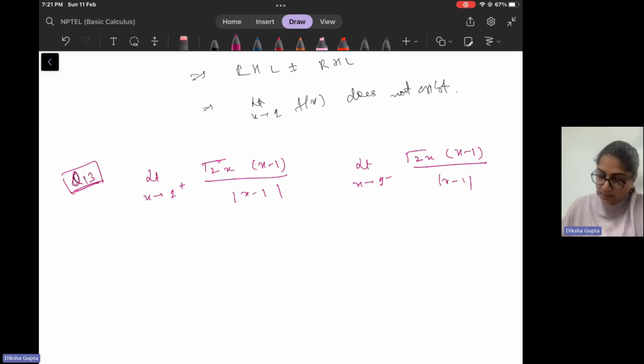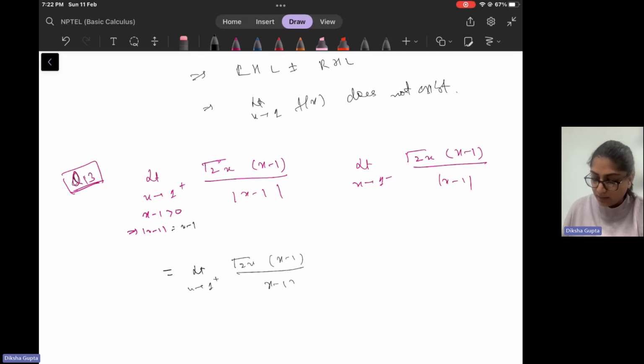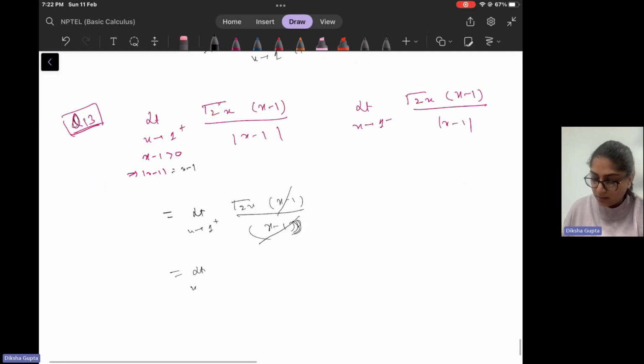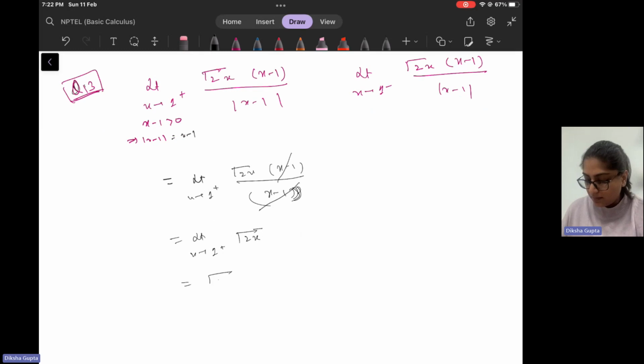So when x is greater than 1, x minus 1 is positive, implies mod of x minus 1 is x minus 1. So this limit is limit x tending to 1 plus root of 2x (x minus 1) upon (x minus 1). This gets cancelled. Limit x tending to 1 plus root 2x. When you put x equals 1, it is finite, so the value will be simply under root 2.